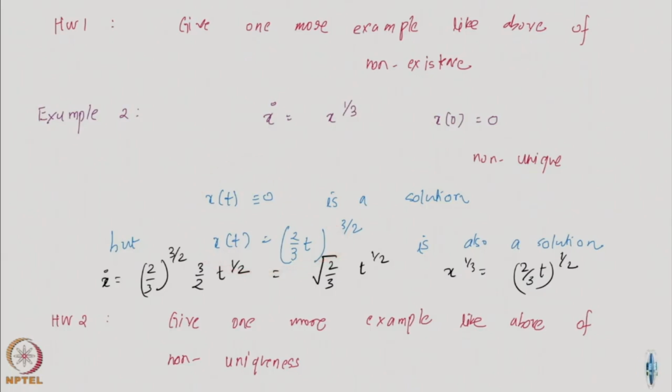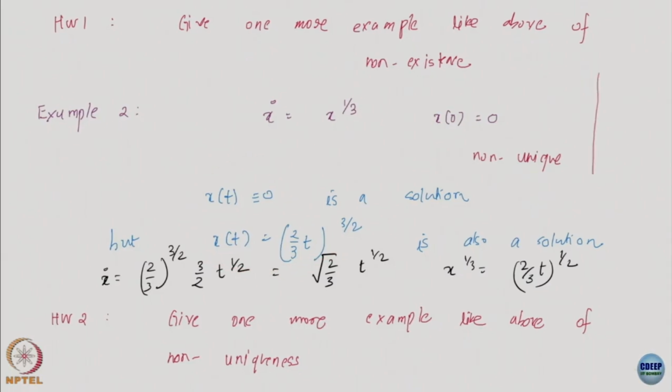But see, these are different, aren't they? If I plot it, what will happen? If I make it like this with time here, I don't know, I really don't know how it looks. I know that the 0 solution will look like this, and this one will look something like this.